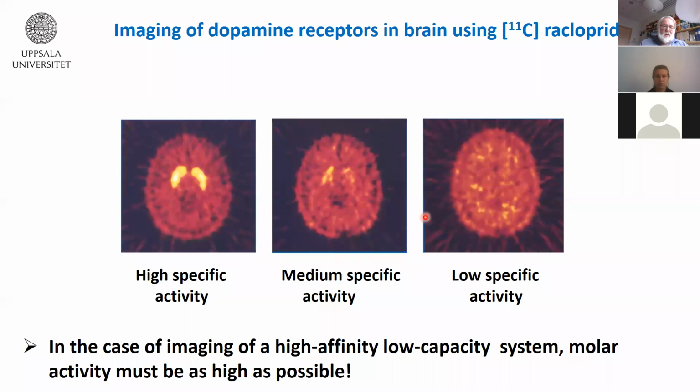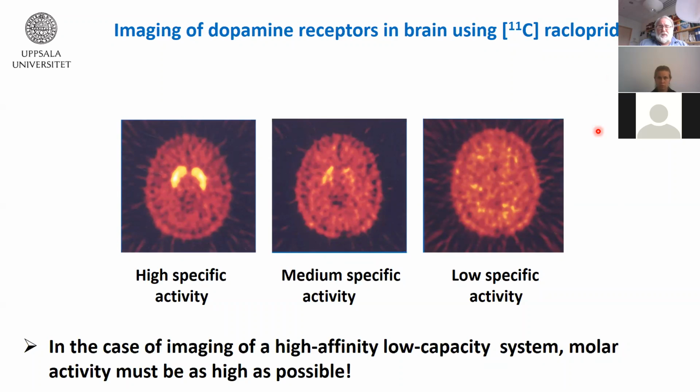So it didn't work for quite a long while. You could synthesize a ligand, and in the early days there was always a high amount of carrier, cold carbon in carbon-11 tracers, so there was no activity.